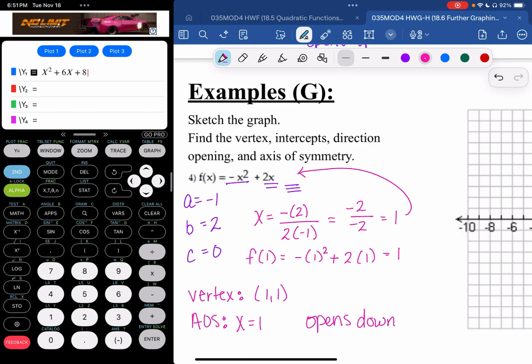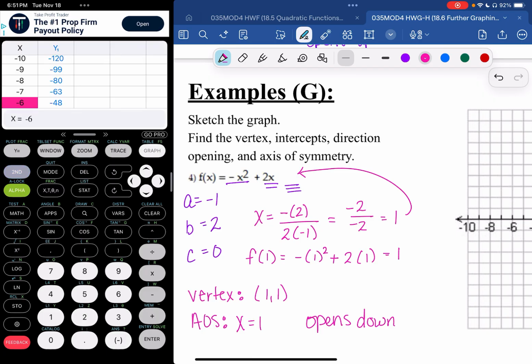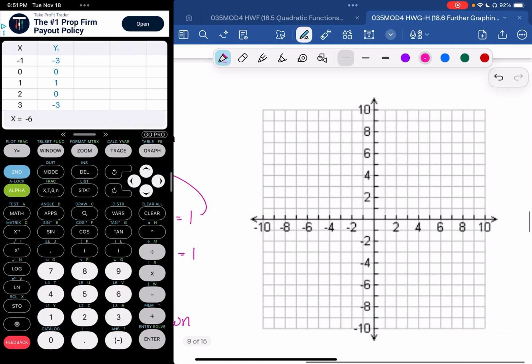Okay, then we can go to our calculator and we can graph it. So negative x squared plus 2x. I'm going to go to my table. I want to find my vertex, so let's go back to 1, 1. I'm going to graph that one first, then get some points around it.